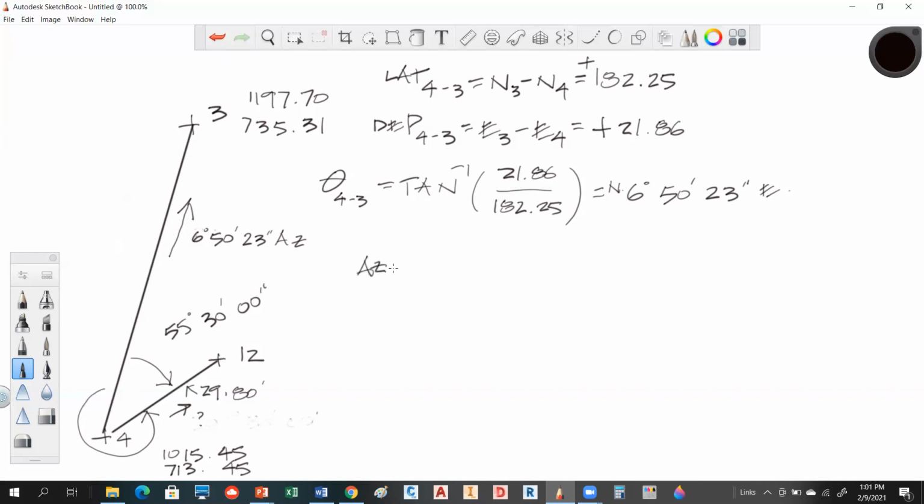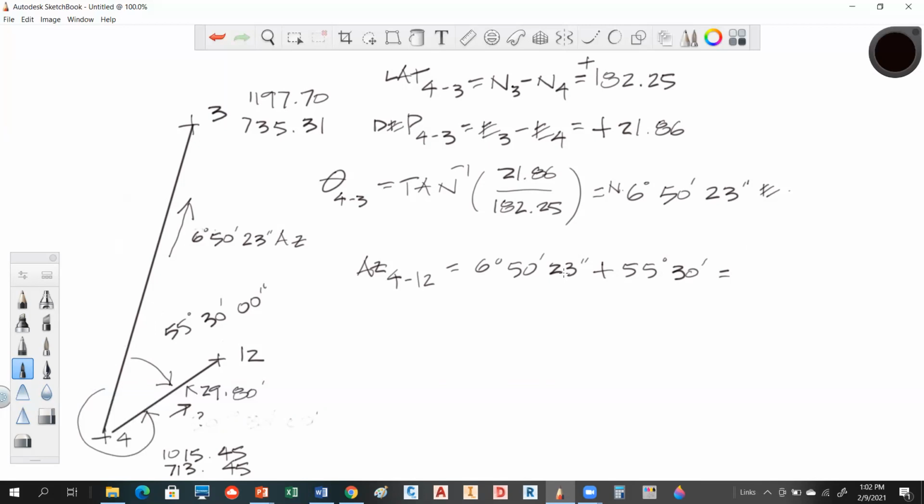The azimuth 4 to 12 is going to be 6 degrees, 50 minutes, 23 seconds, plus 55°30'. So if we had used this other angle here, we would have had to add that to a negative angle. We would have gotten a negative angle, which we probably would have had to convert back.